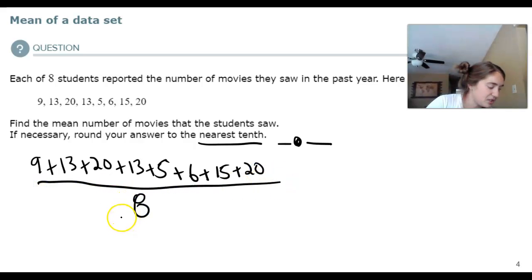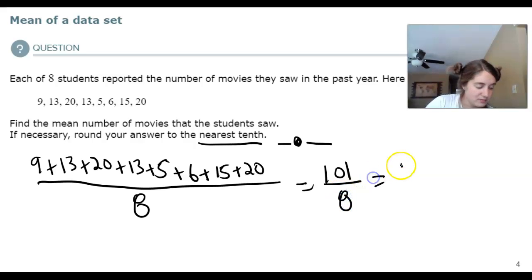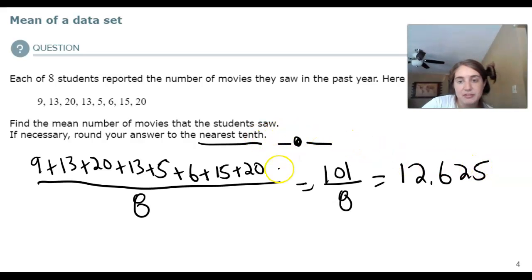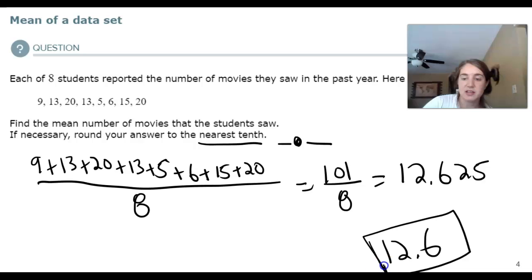So the average data value, or the average number of movies I saw in the past years, was 12.625. We would round that to 12.6 once we round to the nearest tenth.